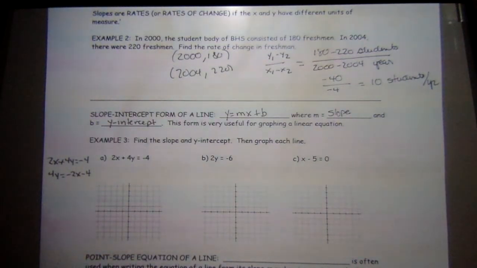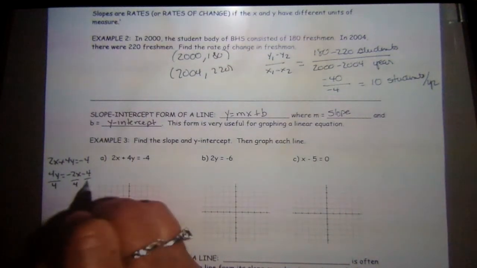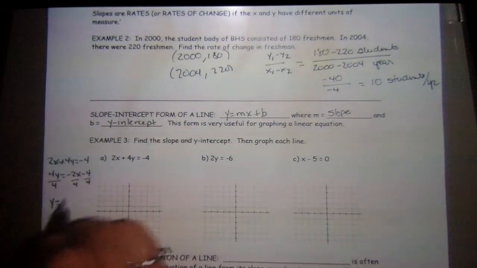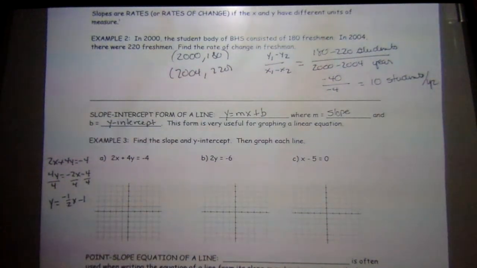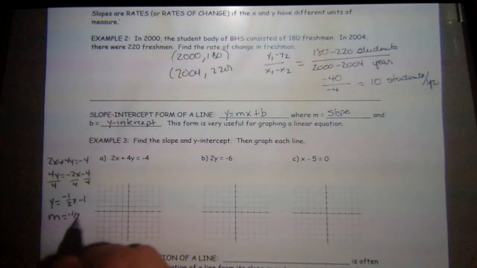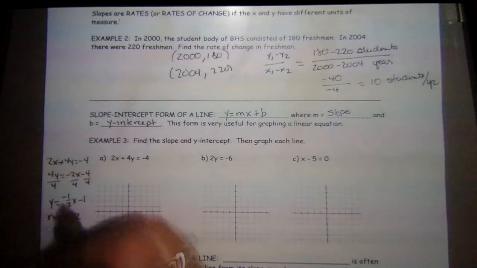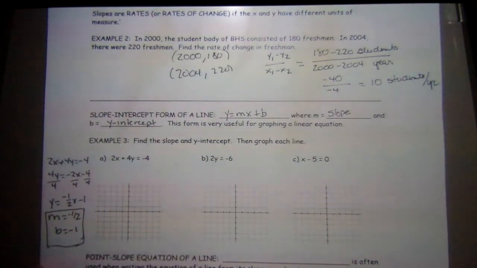Divide by 4. Do you agree with me that the slope is negative 1/2 and the y-intercept is negative 1?